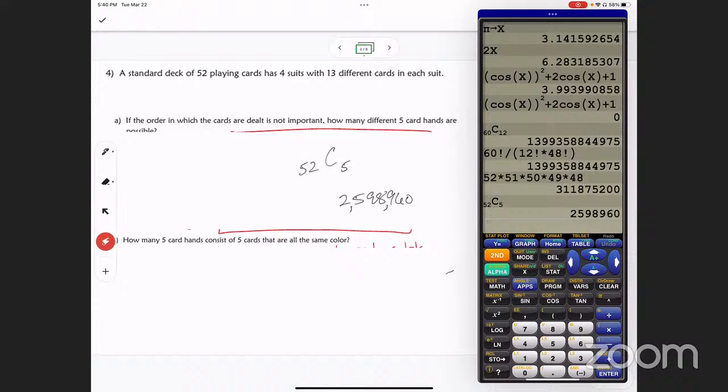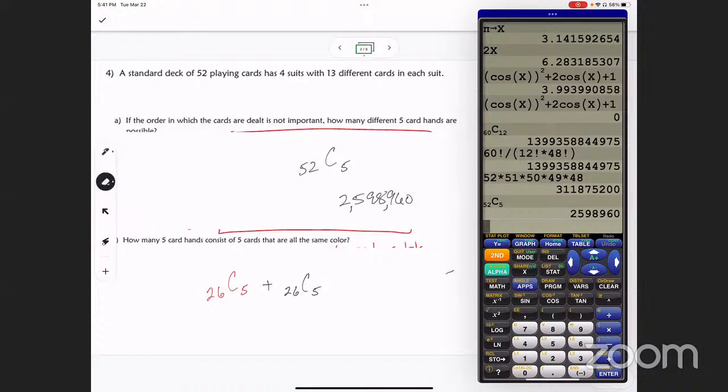It says 26 C 5, and then they're doing that twice. Yeah. So what you're gonna do is this. For the red cards, there's only 26 red cards, and you're seeing how many ways can you choose 5 of those. And then you're gonna add that to the number of ways you can choose 5 of the black cards.